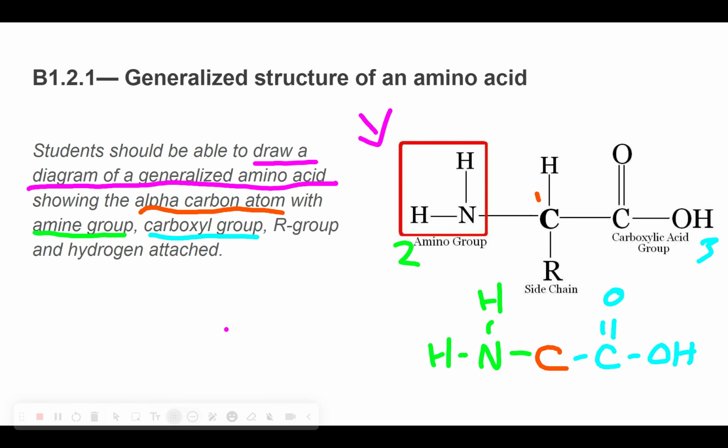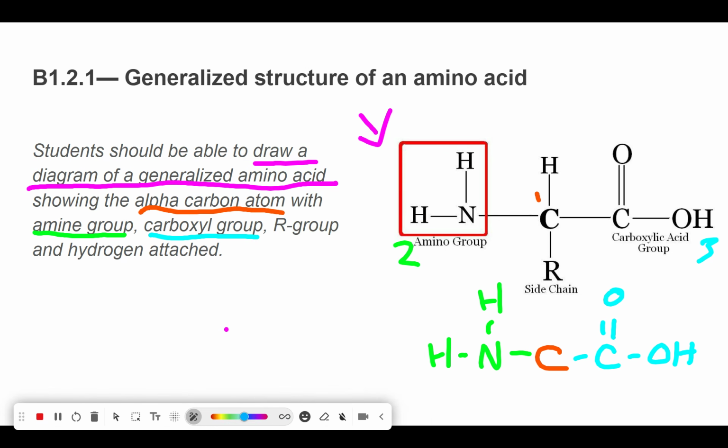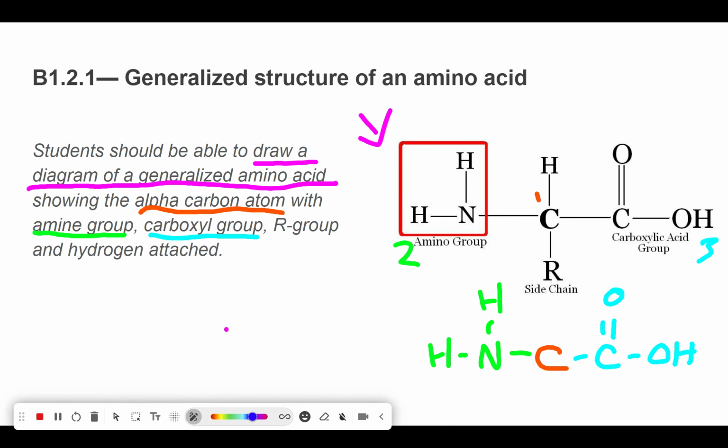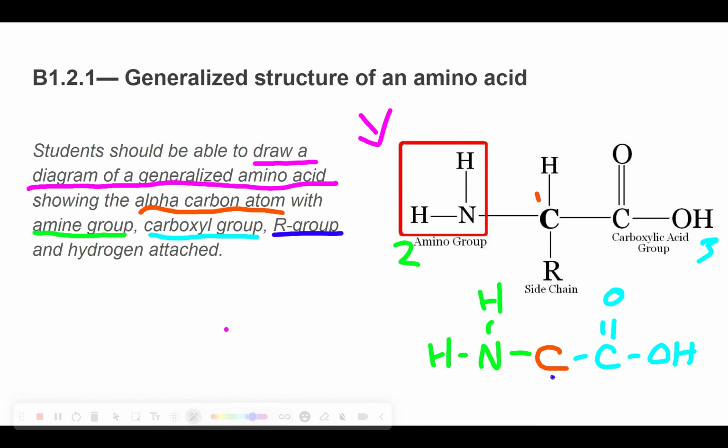The next thing that you need to include in your drawing is, let's go dark blue, the R group. The R group is the variable group, the thing that is different between each amino acid. And they have that down at the bottom of the picture. This is also called a side chain.